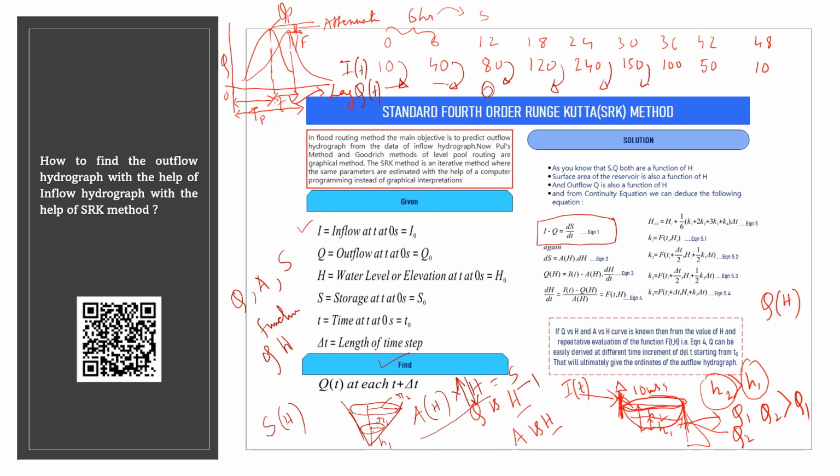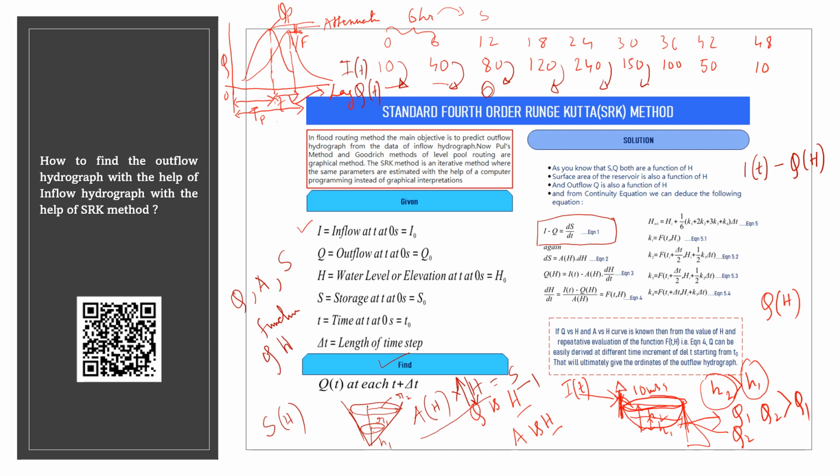So what will happen is, this I minus Q equals dS/dt, that we all know. Here we can change this equation 1 to I as a function of time minus Q as a function of H.